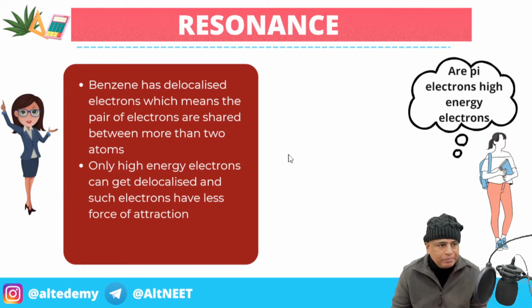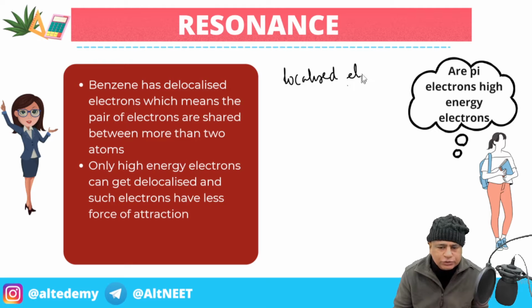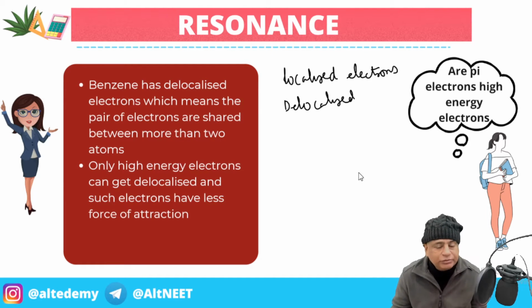Now, we have the concept of localized as well as delocalized electrons. There are many compounds where we have localized electrons. That means electrons are static, and we have the theory for static electrons only. But there are cases where there are delocalized electrons, and it is possible in a variety of situations, as in the case of benzene.